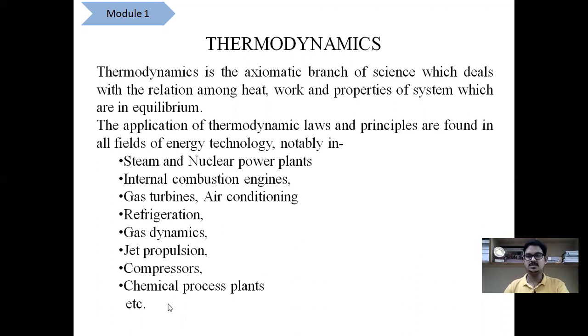So the applications are very broad. Here in your undergraduate course, you will come to know many applications of thermodynamics.